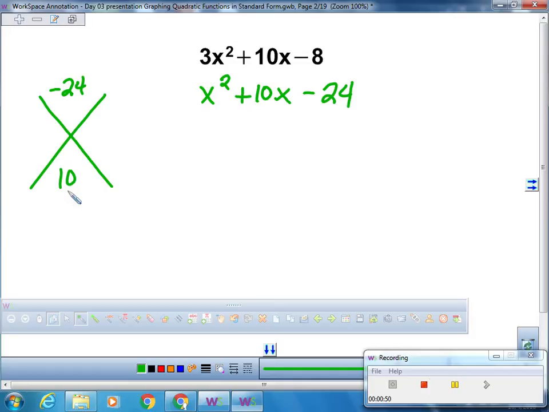Why is 6 and 4 not going to work? Because positive 6 and positive 4 is 10, but that's not going to get me -24. 12 and 2? Does 12 and 2 work? 12 minus 2 is 10, and is 12 times -2 equal to -24? Yes. Okay.